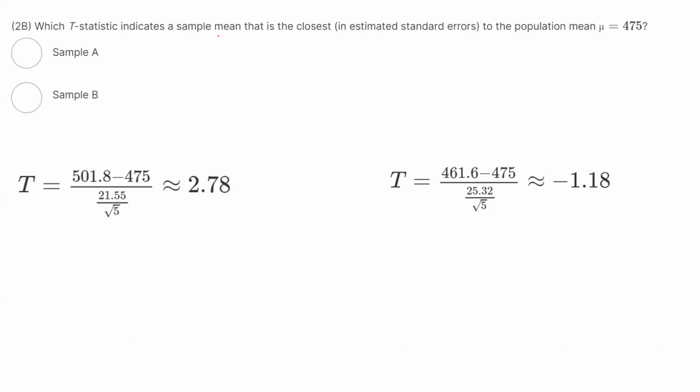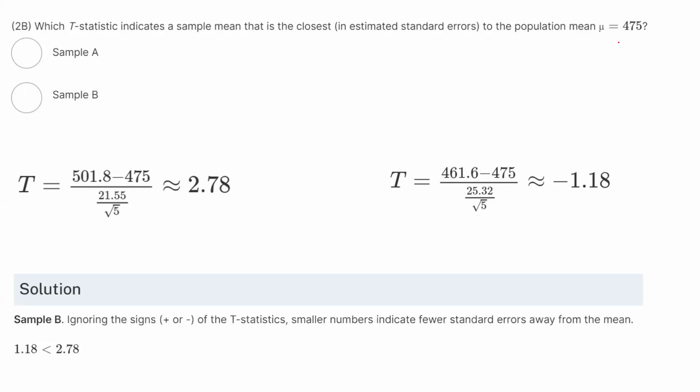Which t-statistic indicates a sample mean that is closest to the population mean? Sample B again. If you just ignore the sign, plus or minus, of the t-statistic, the smaller number indicates fewer standard errors. It means that it is closer to the mean.